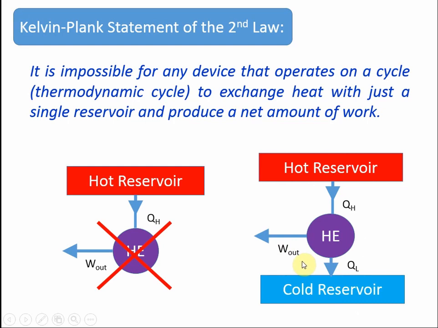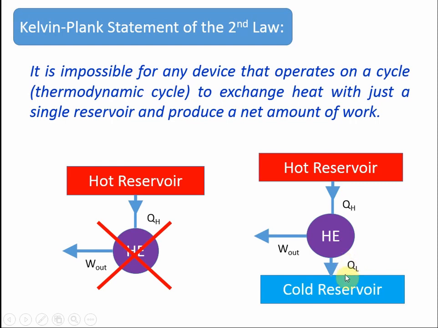You must clearly understand this QL is not due to insufficient or inefficient insulation. Even if you have a perfect insulation, you still have to have a mechanism to reject this QL amount of heat to a cold reservoir. In fact, you have to spend money to build devices which are capable of releasing this QL amount of heat to the cold reservoir.